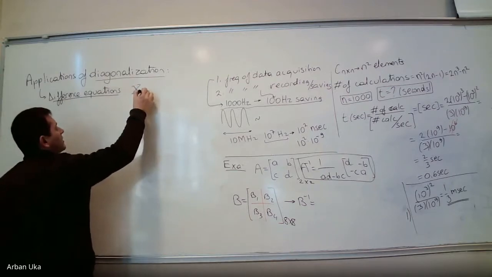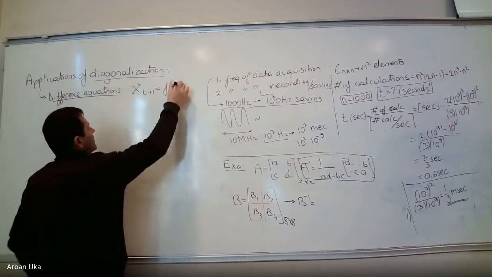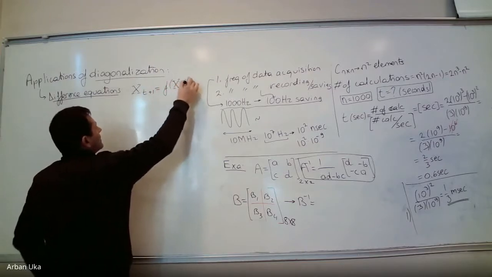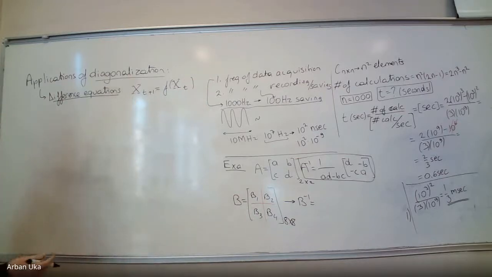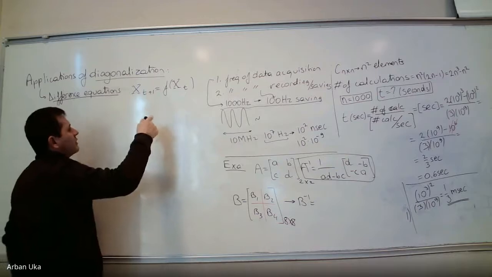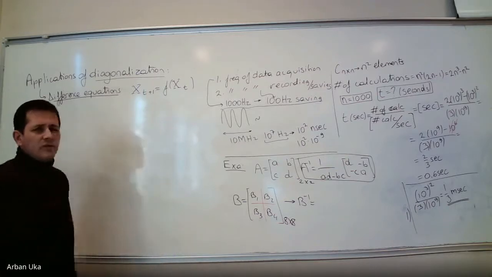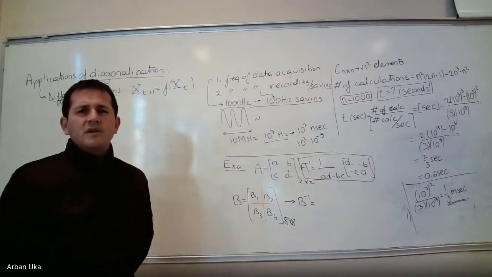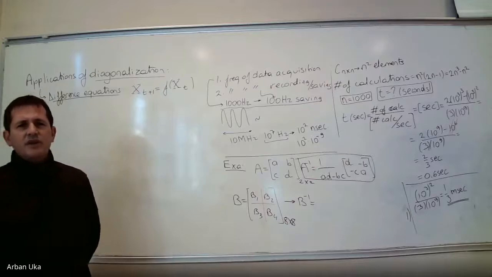A vector x_{t+1} is a function of x_t, okay? So this means that at each instant, we have to look at the previous state, and then we get the new state, okay? So this is what we have. As an example, let's assume that you have a bacteria or a virus, and you want to see how the virus is spreading.